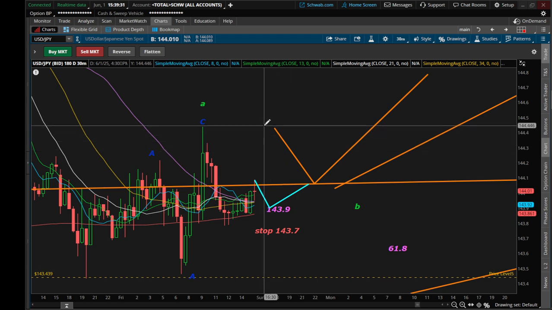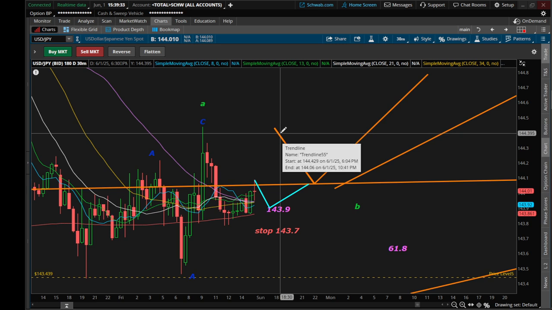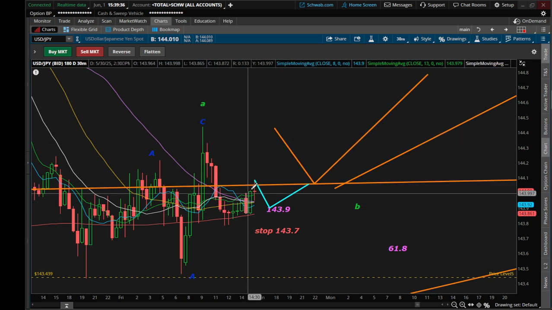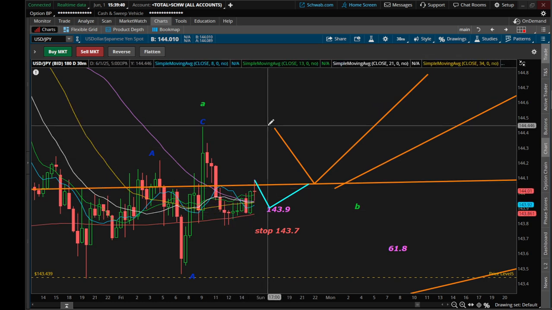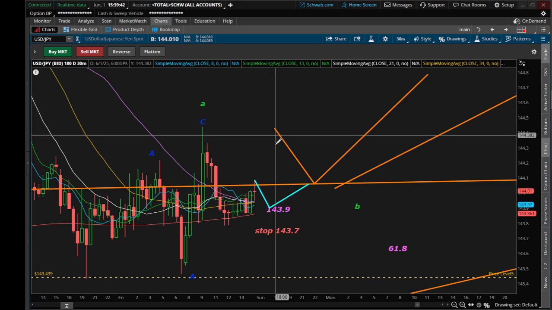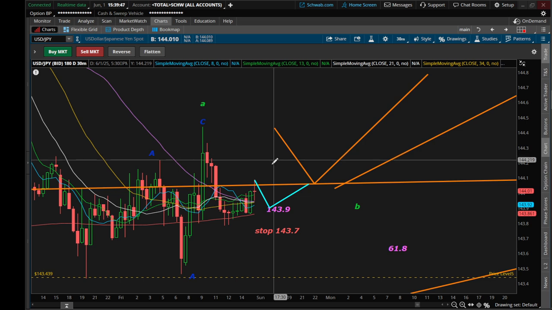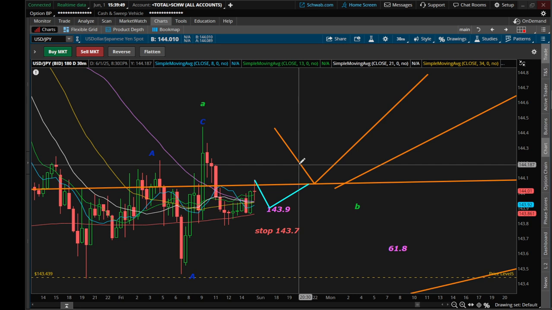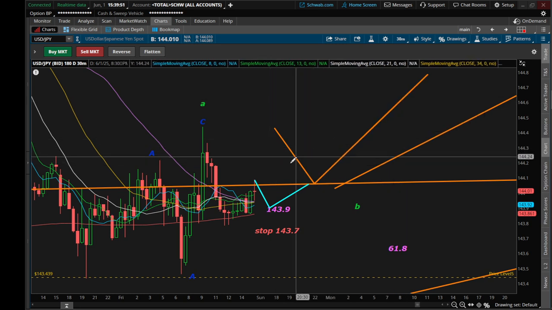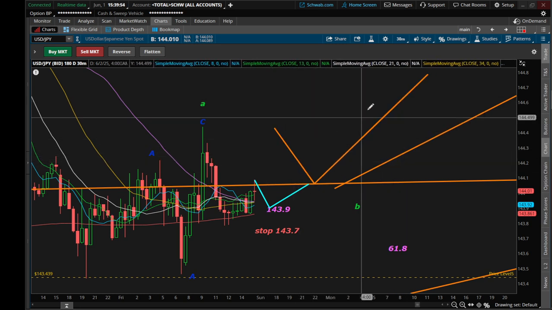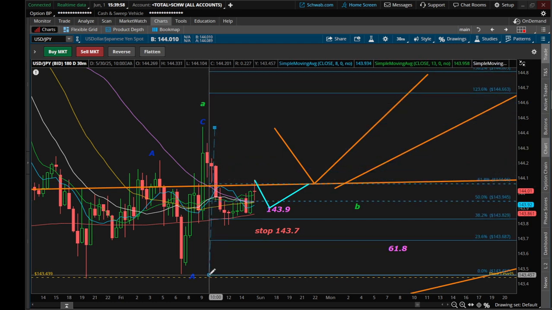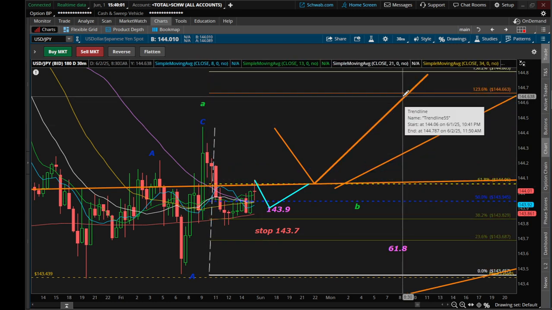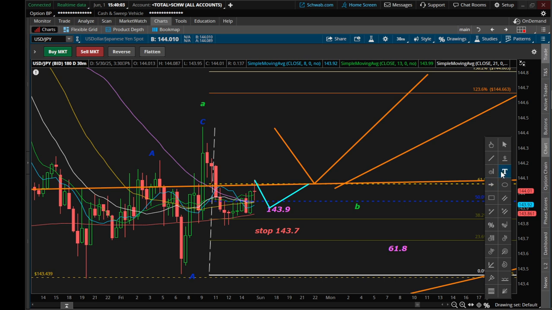Then if we gap up, we just hope that we can get a pullback, which would be 3 moves here, right? 1, 2, and then an extended C leg, and then hopefully we can correct this move at least 50%, if not to the 61.8, and then jump in long there. And then if we get a jump in here, then our target for the upside, I would say at least 144.63. That would be my first target.